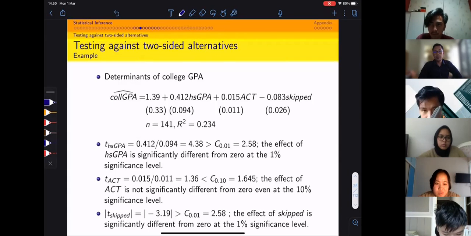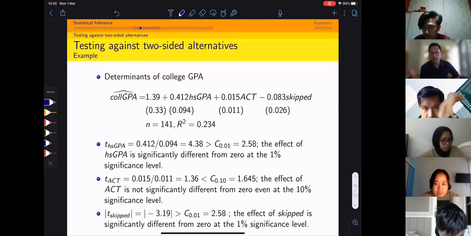So these are examples of variables that we're interested in. We want to look at the determinants of college GPA. So we have the high school GPA, and we have the ACT. ACT is an academic test or a standardized test that you take before college admission.